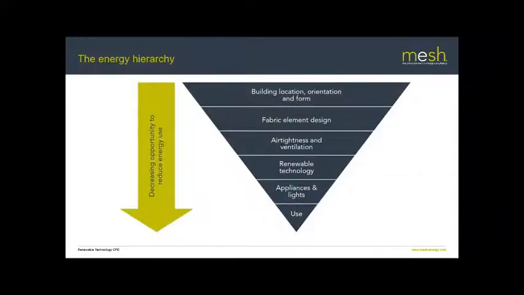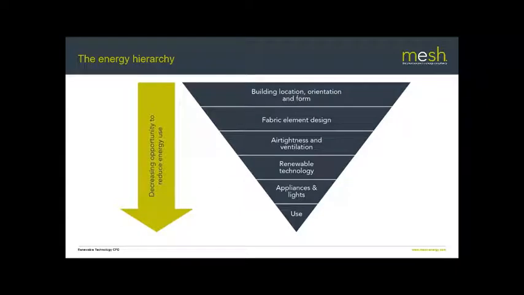Let's look at the energy hierarchy. This is the basis of all of Mesh Energy's work. We start by looking at the building location, orientation and form and trying to optimize these in order to reduce both heating and cooling loads. We then look at the fabric element design. That means the design of each part of the building, be that walls, windows, roofs, etc., in order to reduce both the heating and cooling loads of the building.